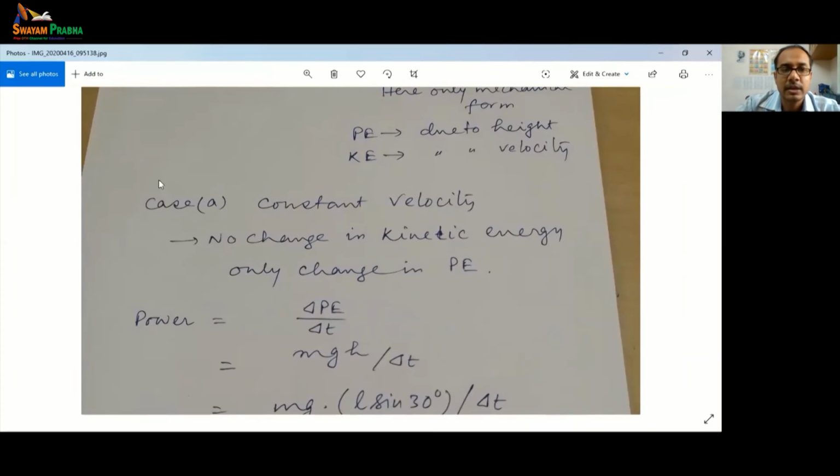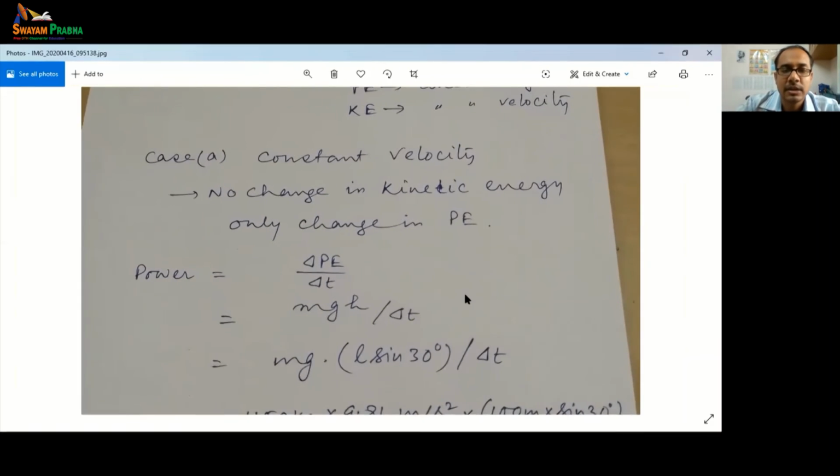Now let's take the first case, case 1, where the velocity is kept constant. If the velocity does not change, then there will be no change in kinetic energy. Only the potential energy will change because you have a change in height.